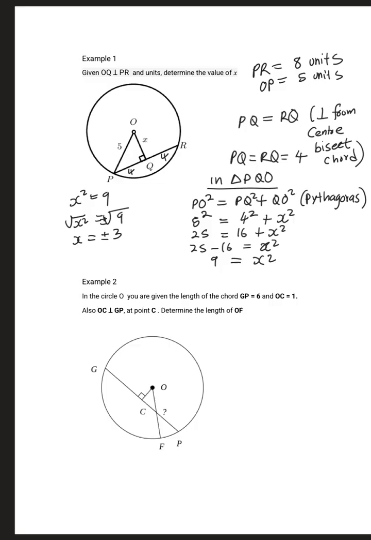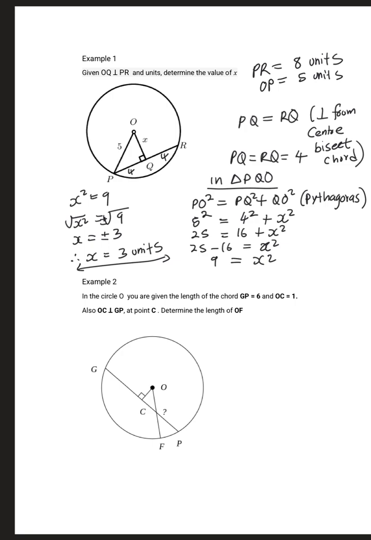So the correct answer here is x equals 3 units. We are interested in the positive answer since we are dealing with length and distance. So x is equal to 3 units.